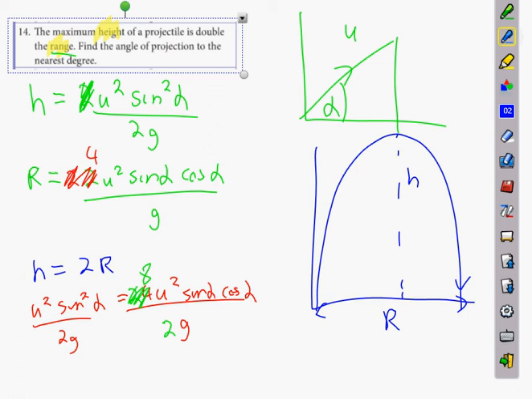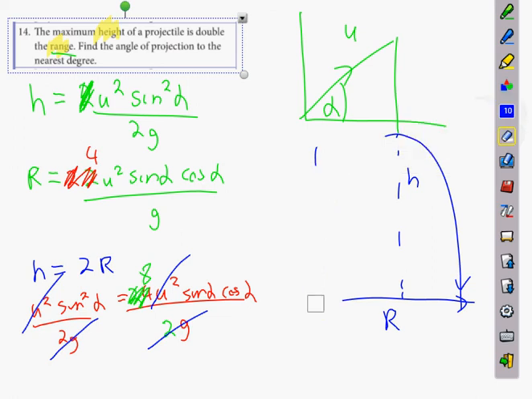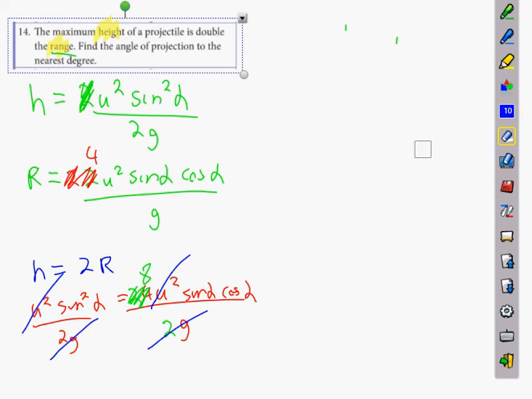Now we start crossing off stuff. U squared cancels with u squared. 2g cancels with 2g. What I'm left with is sine squared alpha equals 8 sine alpha cos alpha.